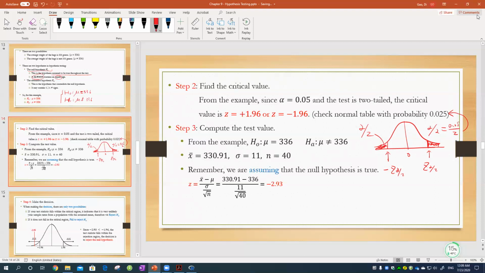So critical values separate the distribution with an empty area, which we call the non-critical region, and the shaded area we call the rejection region. So now based on this alpha divided by 2, we read the table, z sub 0.025, that's 1.96, and that's negative 1.96. So standard normal table. So let's check again, 0.025.